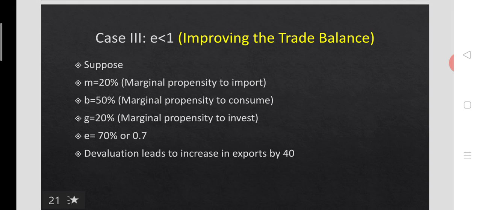That means in this case devaluation is going to improve the trade balance, and devaluation leads to a change in export by 40. In all the cases export is supposed to be increased by 40 million US dollar, immediately or shortly after devaluation is declared in a country.